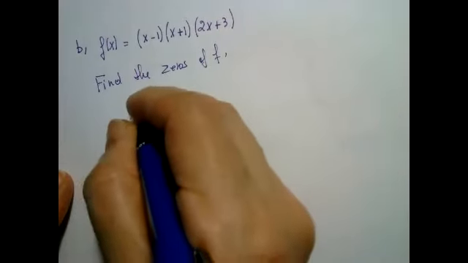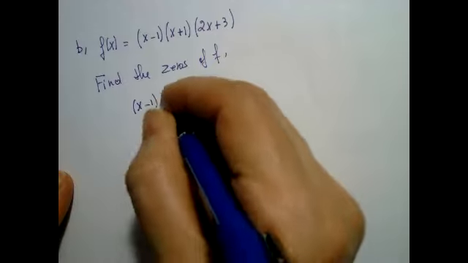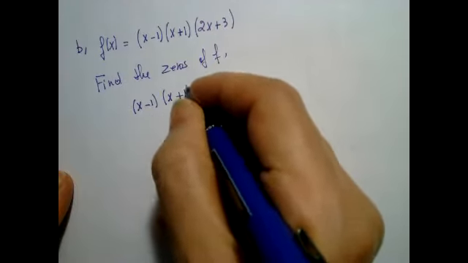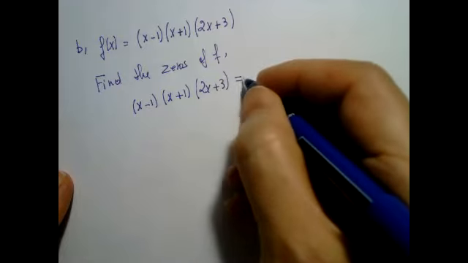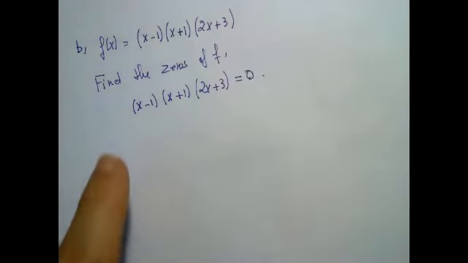So we're going to put the function equal to 0 and ask ourselves which value of x will give me 0. What should I put here?